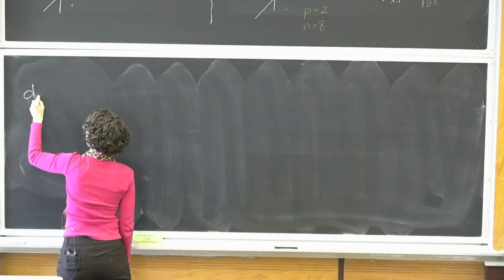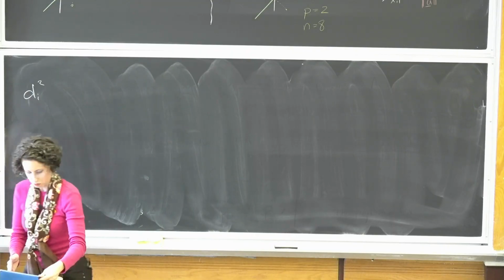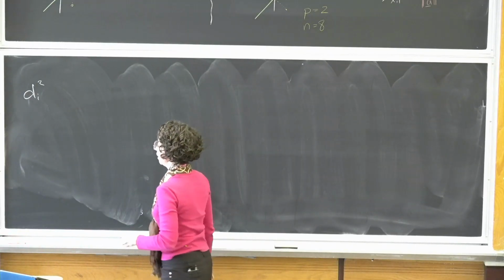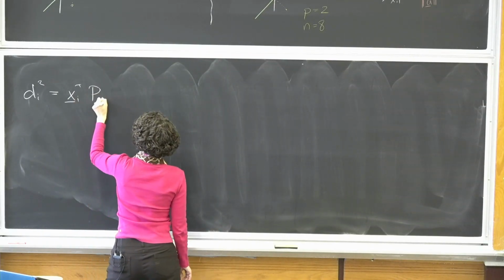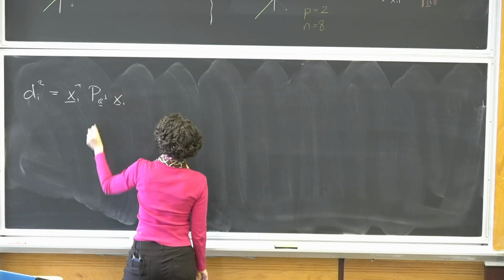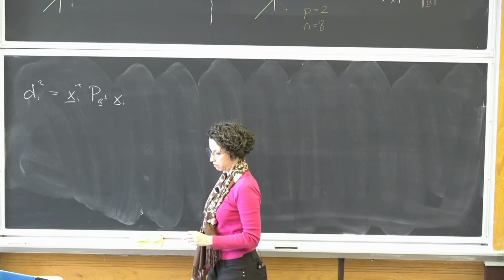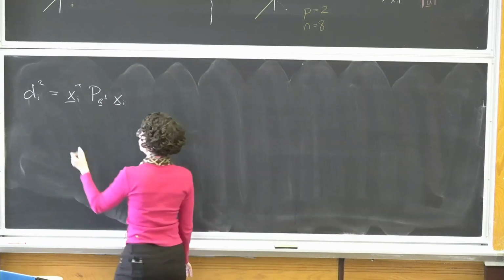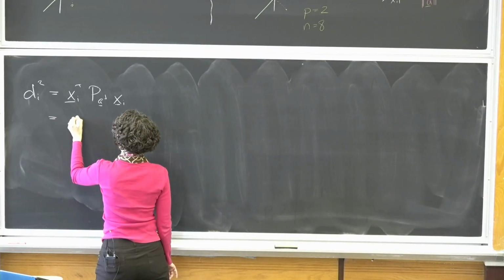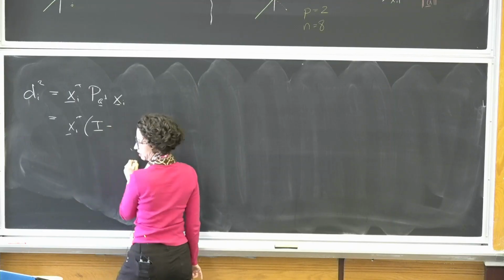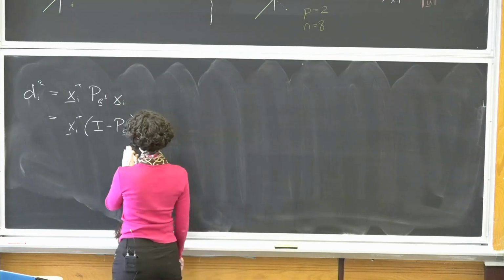All right, so we are trying to write down this squared distance of a point to our line. And we said on the previous board, this is xi transpose PA perp xi. And now we are going to plug in the form of PA perp. And so actually I think it'll be a little bit easier to write this as xi transpose times I minus PA times xi.